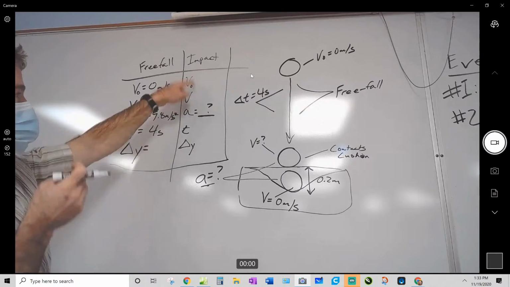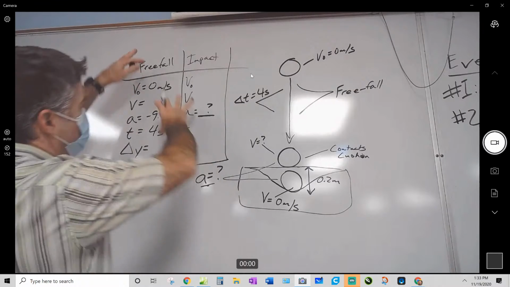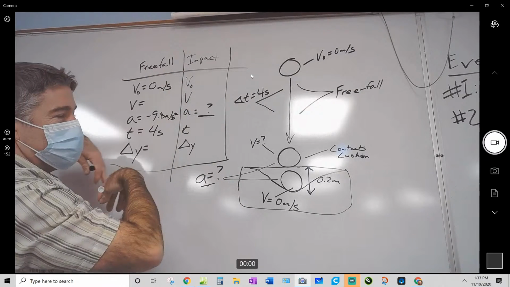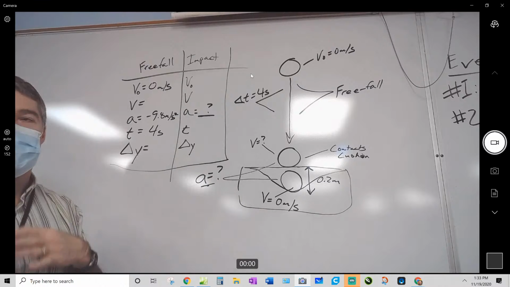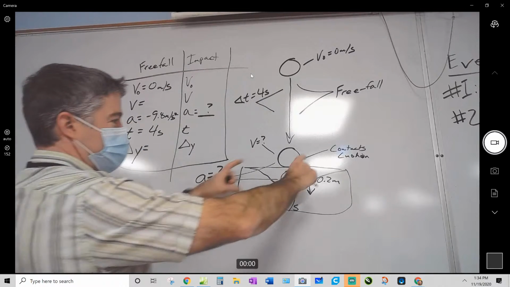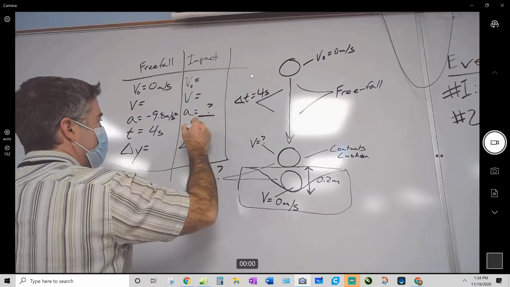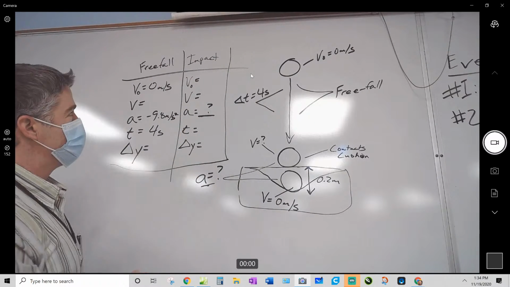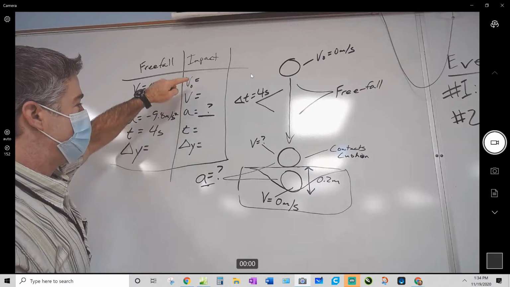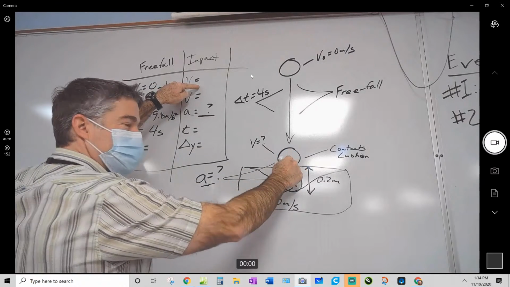I'll just go ahead and do the second part too, because really, if it's possible I don't even need the first part. I'll go ahead and tell you, we're going to need the first part, but it's possible I could just use this bit of information at the end, and that would give me enough to find the acceleration due to the couch cushion. Do I know the initial velocity when it first hits the couch cushion?